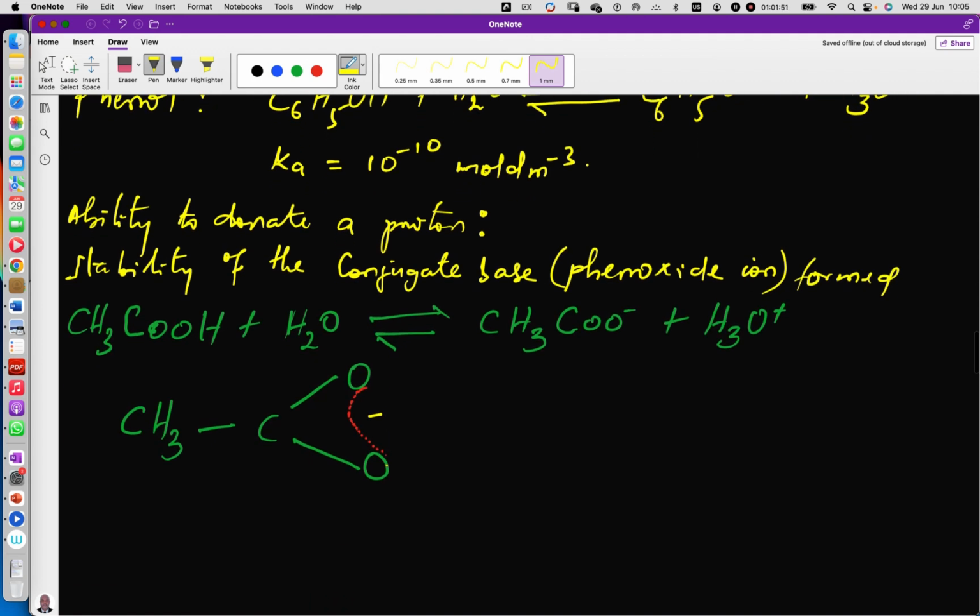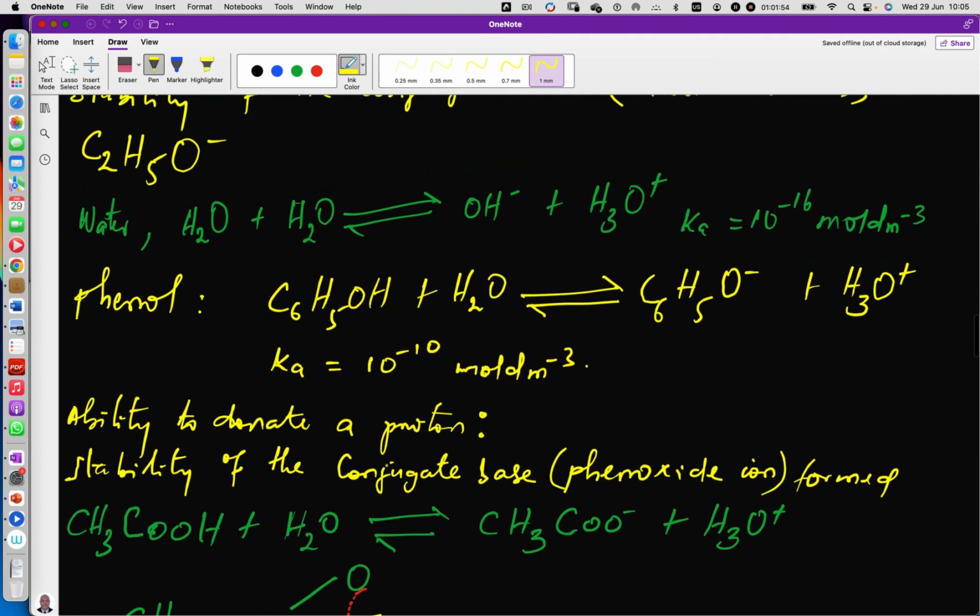We went to phenol. Looking at phenol in water, it gives a phenoxide ion, which is the conjugate base, and the hydronium ion. For phenol, the OH group is electron donating and ring activating. So the lone pair of electrons on the oxygen atom becomes part of the benzene ring's delocalized electron system, and this decreases the electron density on the oxygen of the OH.